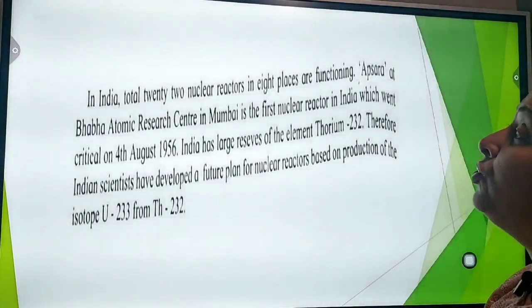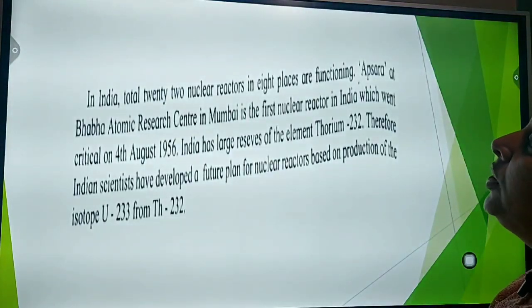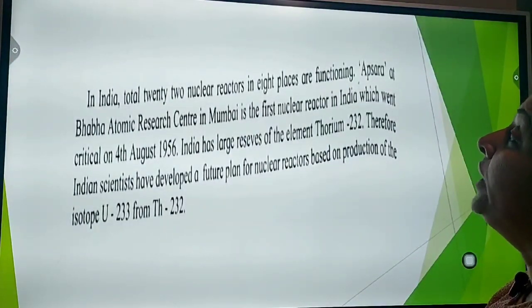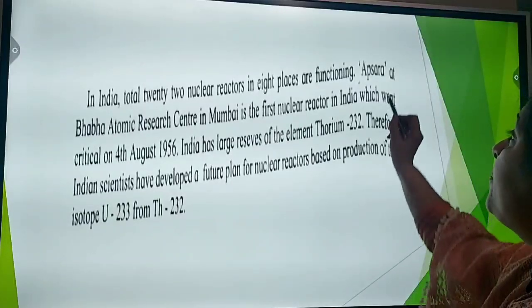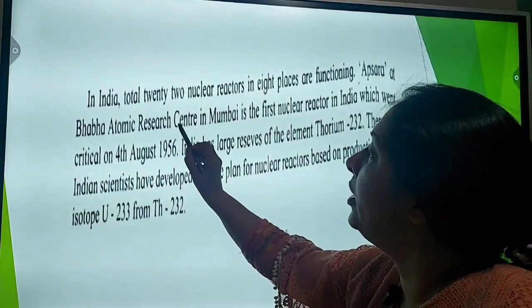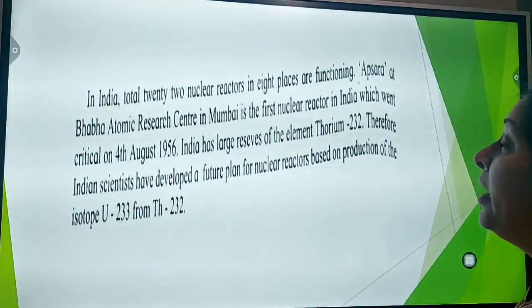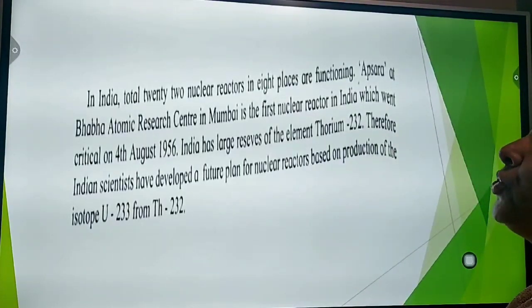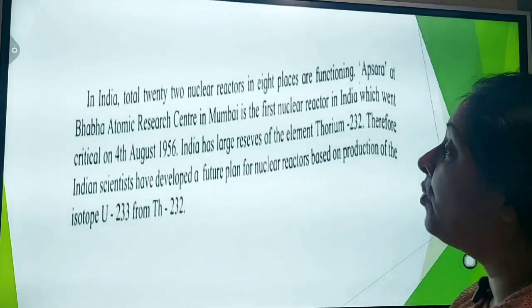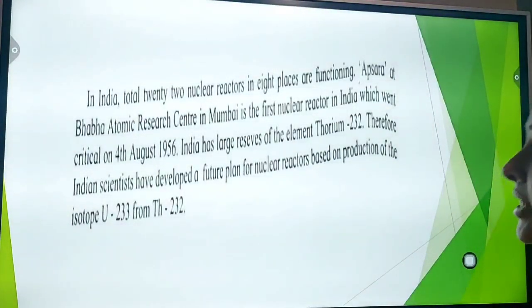In India, a total of 22 nuclear reactors in 8 places are functioning. Apsara at Bhabha Atomic Research Center in Mumbai is the first nuclear reactor in India, which went critical on 4th August 1956.